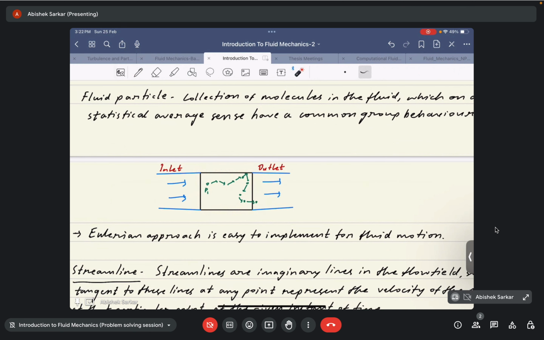So I hope now you understand the depth and the cost of the computations that had to be done just to analyze this simple fluid flow from the Lagrangian approach. Okay, but in the case of an Eulerian approach, this duct is now considered as a black box.